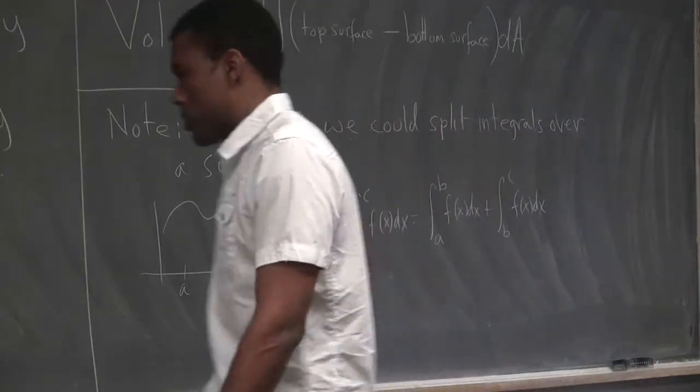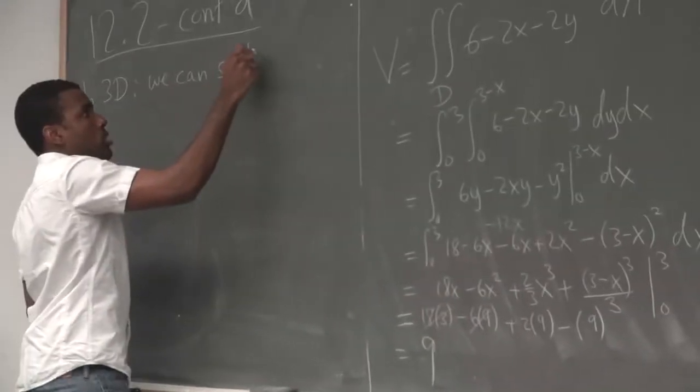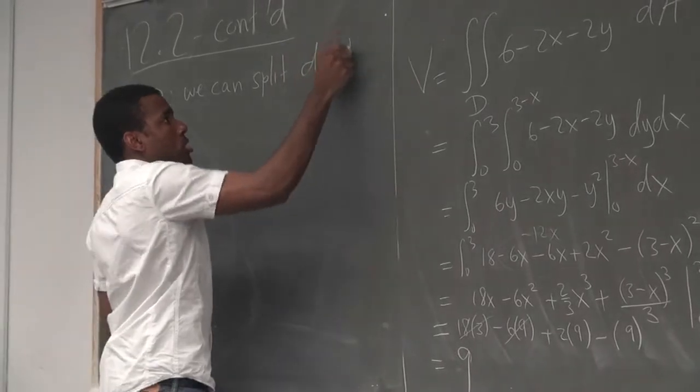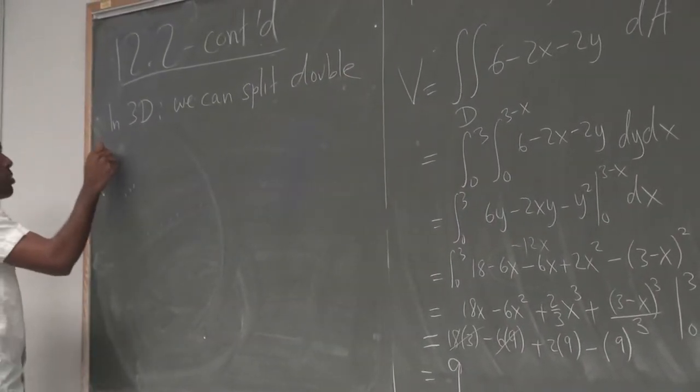We can do a similar thing in 3D just to let you know it does work. Except now we're talking about regions. So these are just some familiar properties that actually generalize. It actually generalizes beyond double integrals as well.